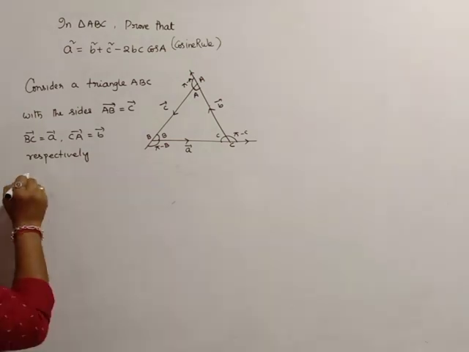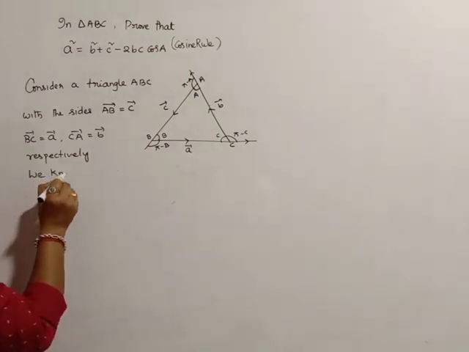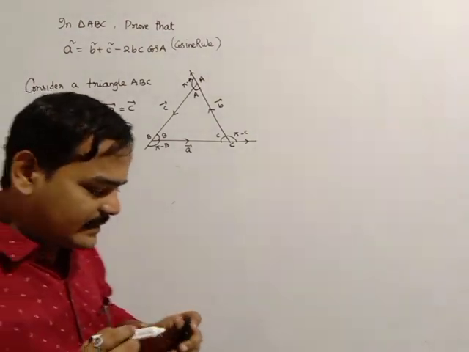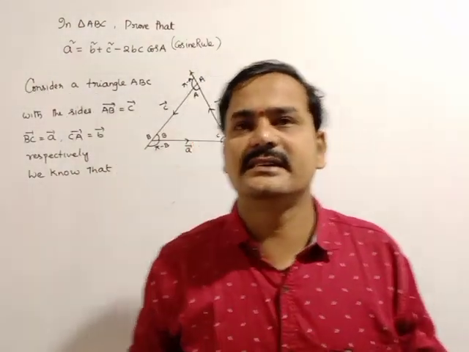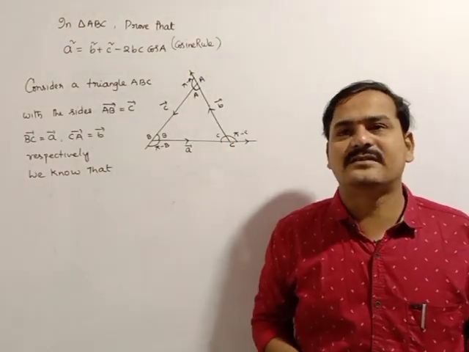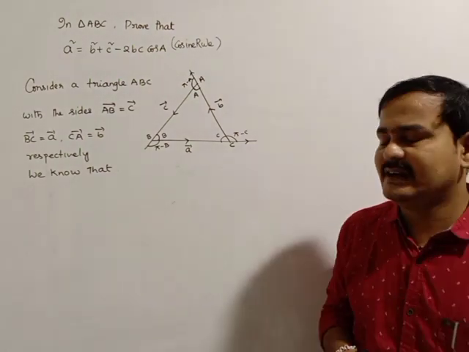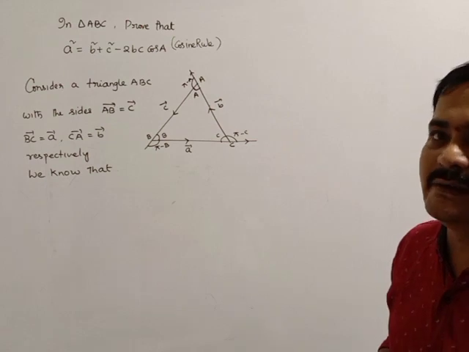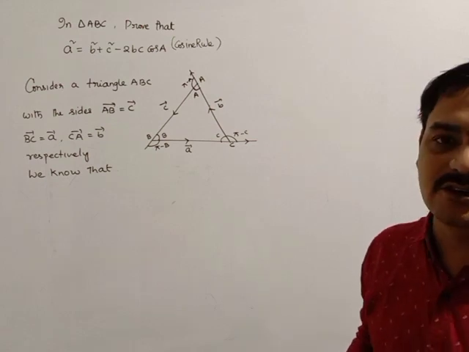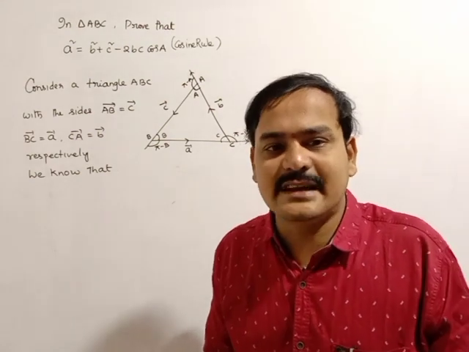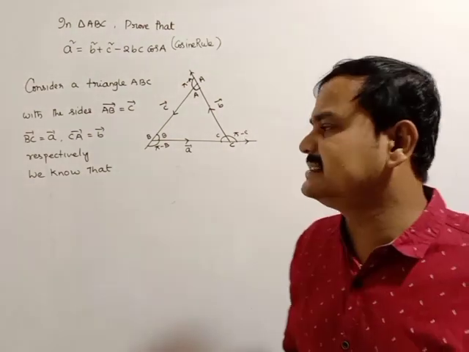Now we know the condition. Already in the first exercise question number 9 or 10 we discussed that the sum of the sides of any n-sided closed polygon is always the zero vector, the null vector. So if it is 3 sides, the sum of the 3 vectors is 0, if 4 sides, the sum of the 4 sides is 0. If it is an n-sided polygon, the sum of the n sides is 0.